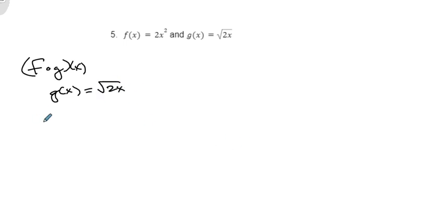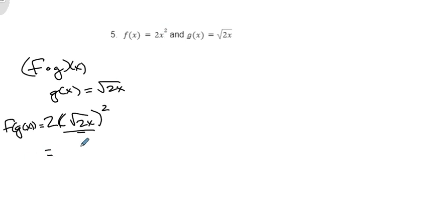Now we're going to go 2 times x squared, which is 2 times the square root of 2x squared. This is putting this in the space left by x.